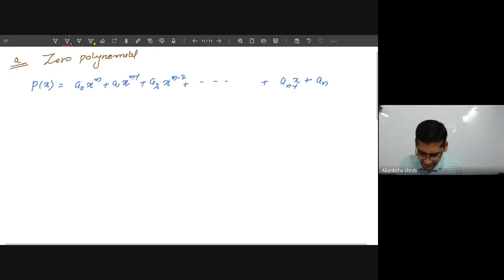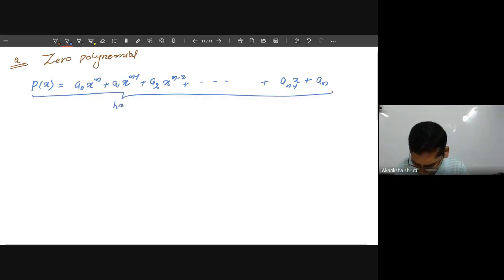We were observing that it has so many terms. It has n plus 1 terms, and it also has degree n. These are the two things. For any polynomial, the number of terms is important and the degree is important.